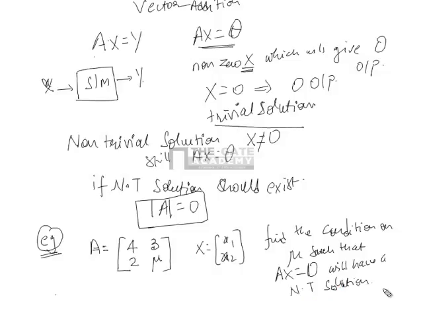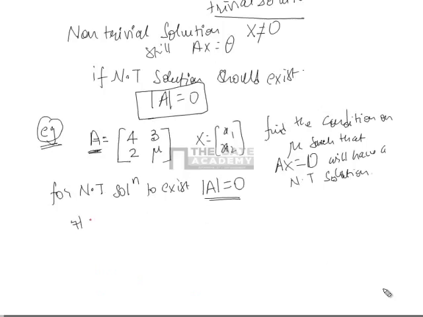So what do we know? For a non-trivial solution to exist, what is the condition? Determinant A should be 0. That is, the system matrix should be a singular matrix. So what is determinant A?